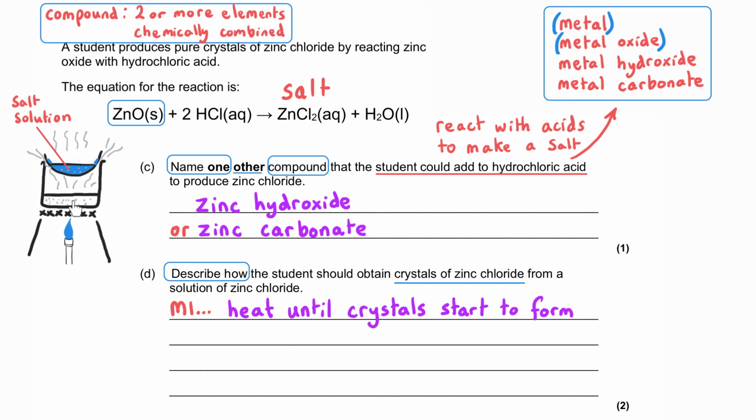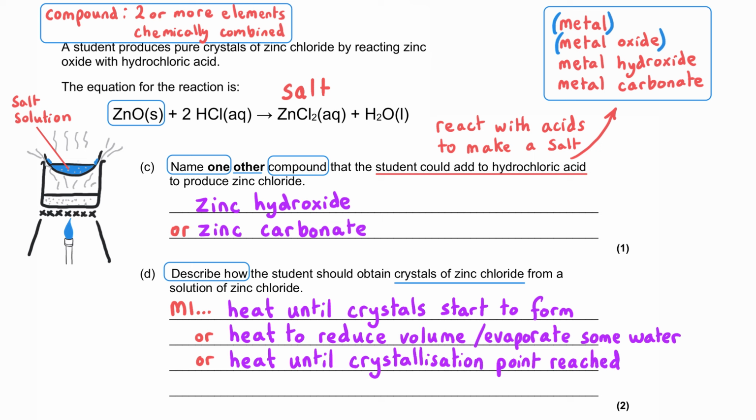And we would probably do that over a water bath rather than heating the solution directly. Or for this first mark, we could say heat the solution to reduce the volume or to evaporate some of the water. Or maybe we might say heat until the crystallization point has been reached. Any of those 3 options is fine for this first mark.